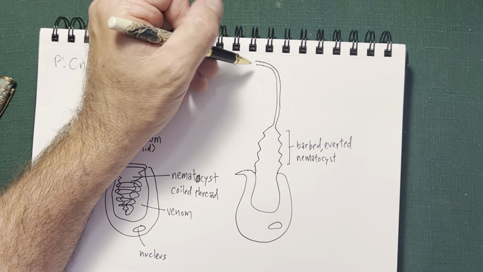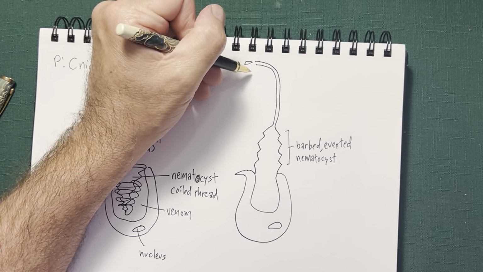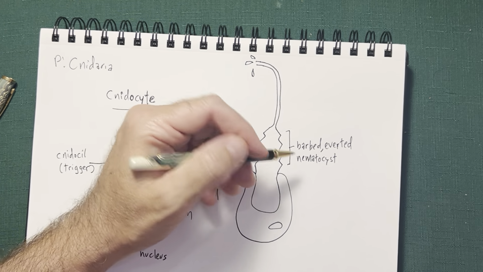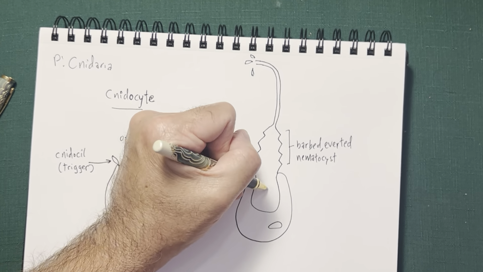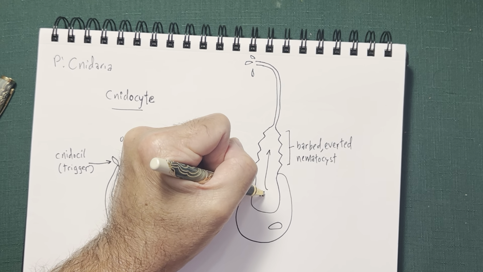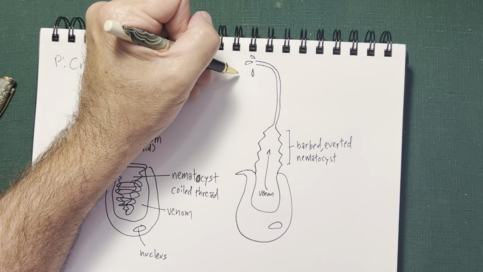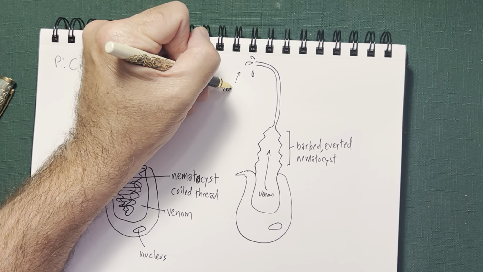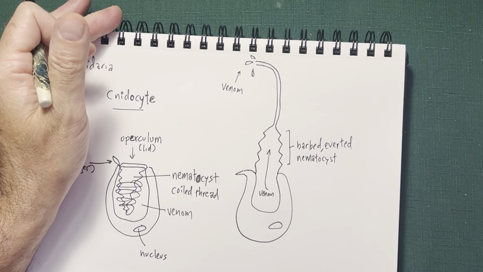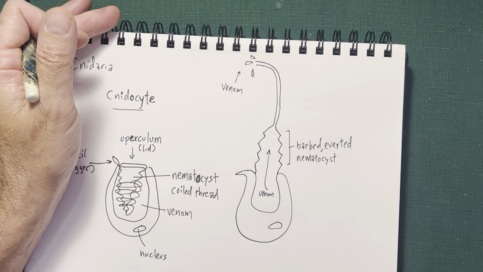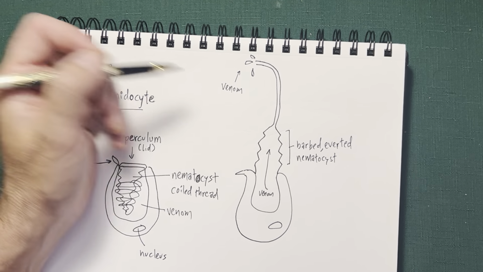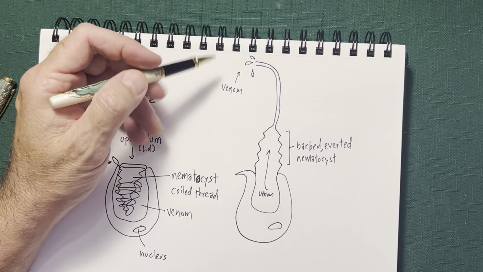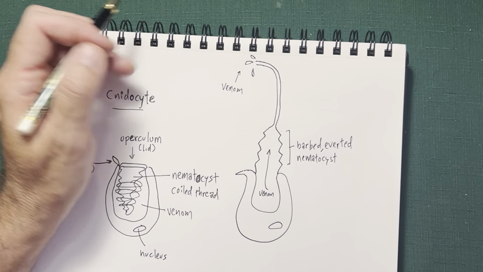And this thread turns inside out and it shoots out that venom. So the venom is going to go whoop. It's going to kind of gleek out up here. So the whole thing kind of turns inside out, and that's how the venom is delivered, through this long thread-like structure.